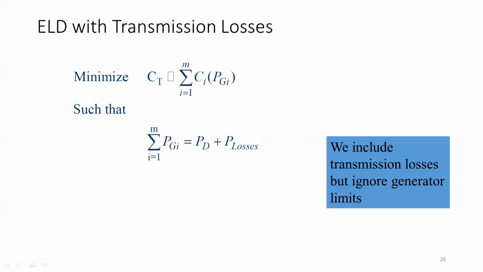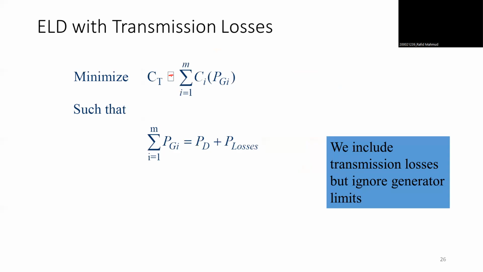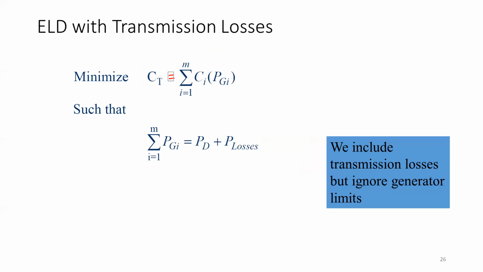All right, so my equation stands still. My objective function is CT, which is equal to the summation of the individual costs of all the generators. And now my constraint becomes PD plus P loss. We are still neglecting the generator limits, so let's see how it looks without considering them.